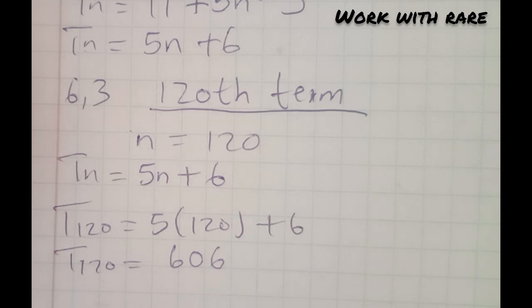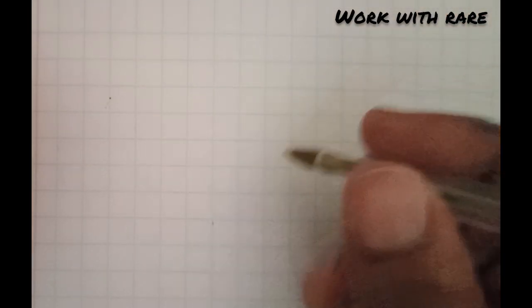So yeah, that's it. The next question says, what term is equal to 271? So when you get this type of question, actually when they ask what term or which term, it means we should calculate for n.